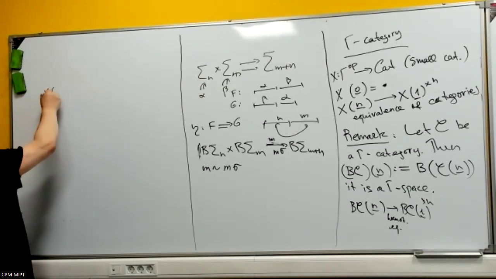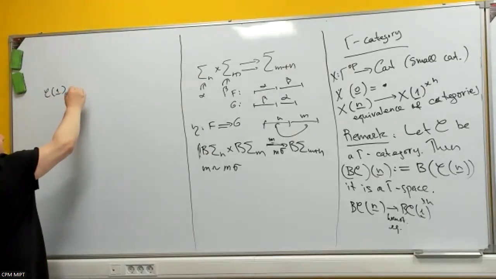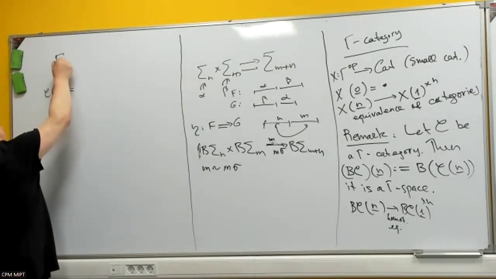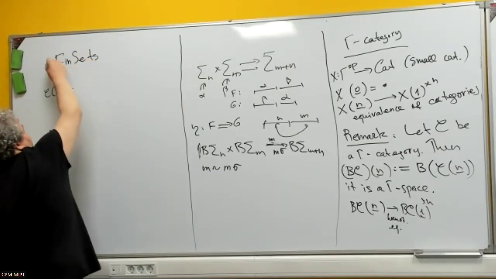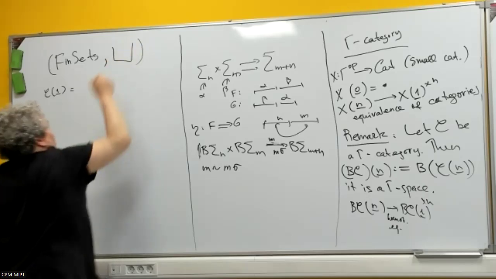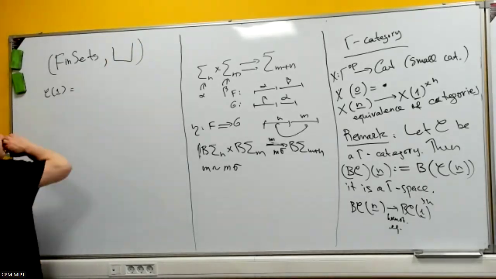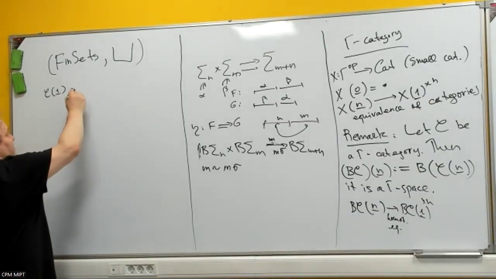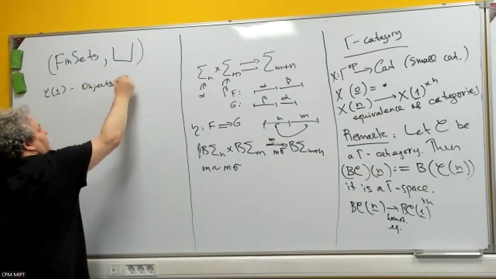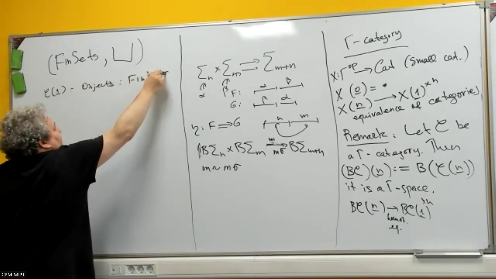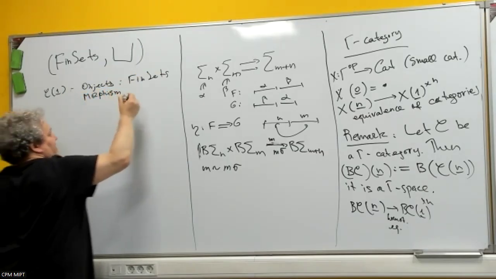For example, for C1, he takes the category of finite sets. Morally we consider it as a monoidal category where the monoidal operation is the disjoint union of sets. This is the category whose objects are just finite sets, and the morphisms are isomorphisms of finite sets. So it's not a connected category in this sense.